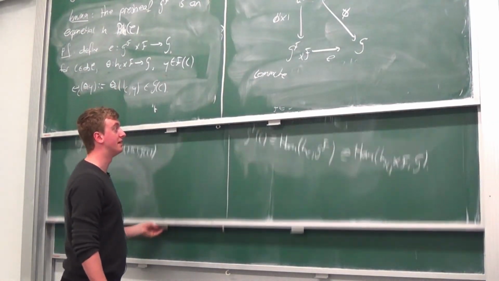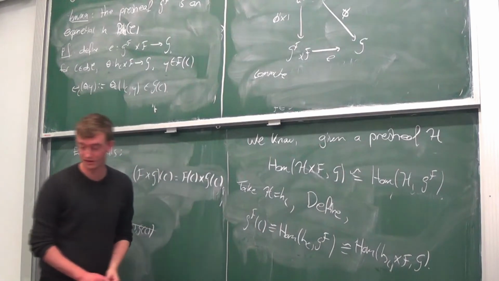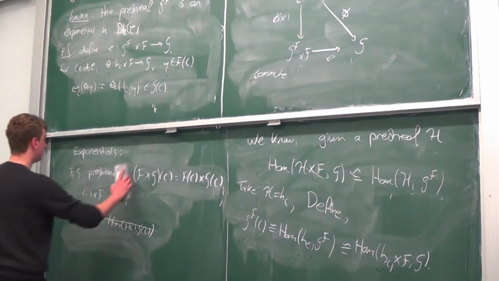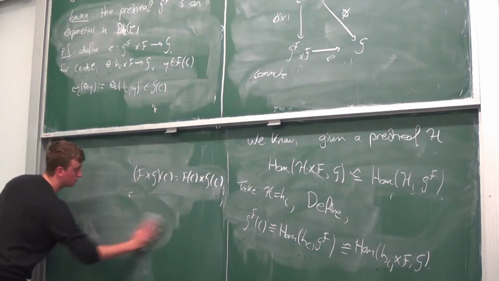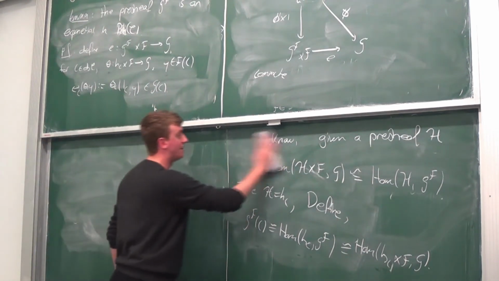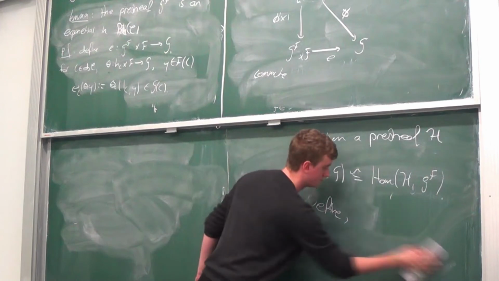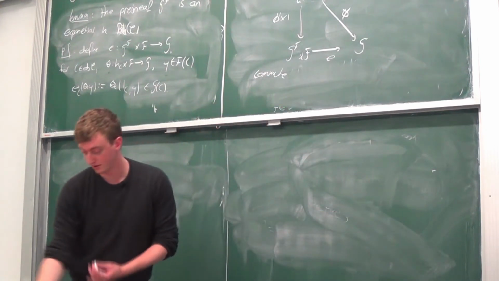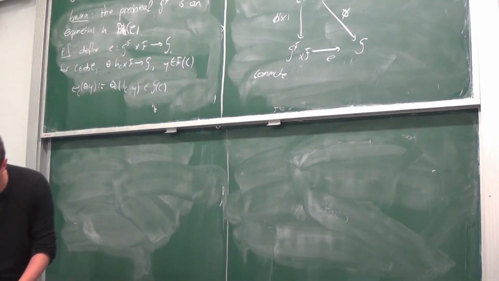Okay, so to prove this claim, we need to write down phi prime to make this diagram commute.